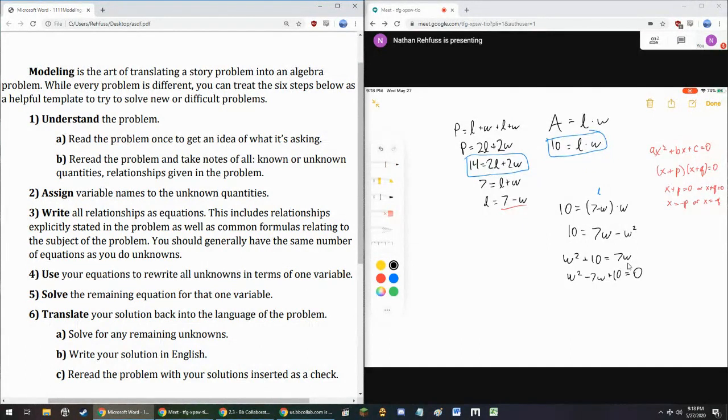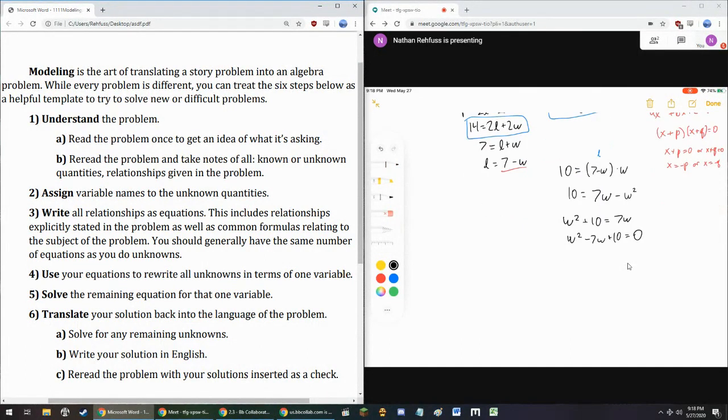And now if I can factor this thing, we've got it. See if you can do it on your own, pause and unpause. (w minus 2) times (w minus 5) is equal to 0. So interesting. We have two solutions, either the width equals 2 or the width equals 5.